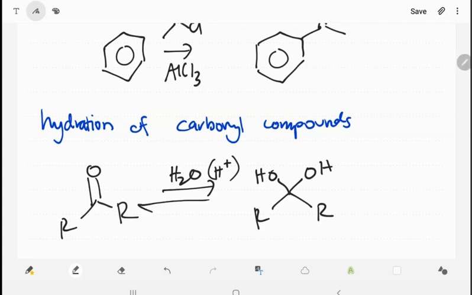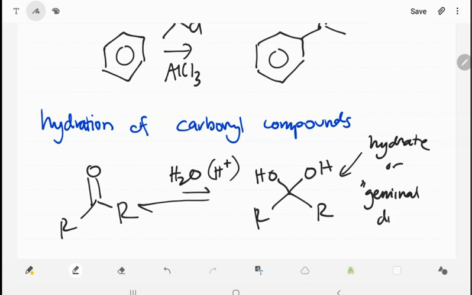However, this is kind of a very bad reaction because it really is heavily favoring the ketone form. This is called a hydrate or a geminal diol. Remember, geminal means they're on the same carbon. Two alcohols on the same carbon would be called a geminal diol or a hydrate.